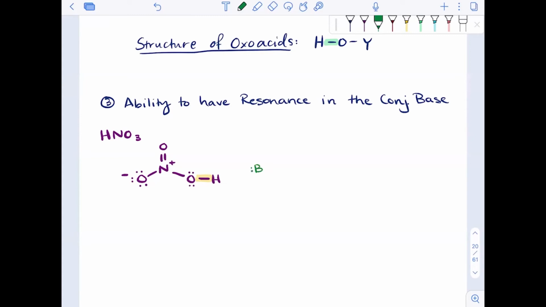acidity. So we could think of a base coming in, pulling off that proton. Let's just draw the conjugate base of HNO3. It's the nitrate ion. Remember this molecule from last semester from Gen Chem 1?